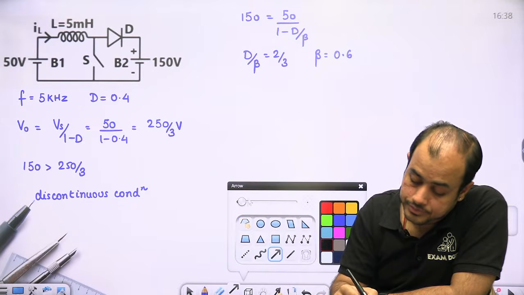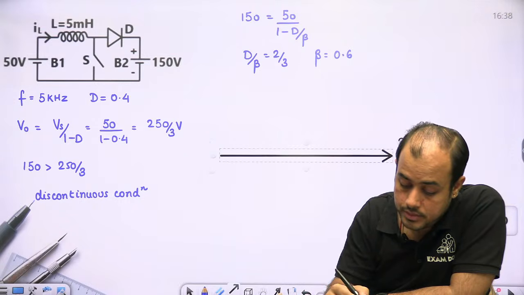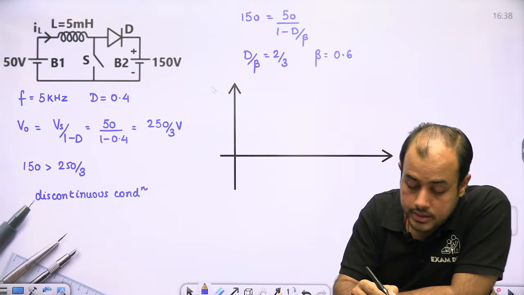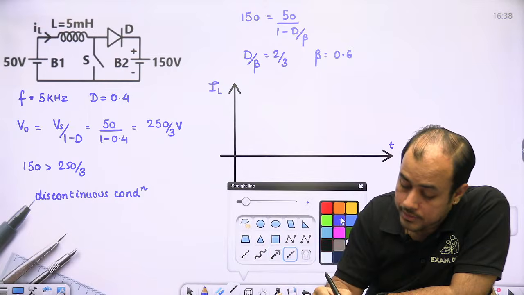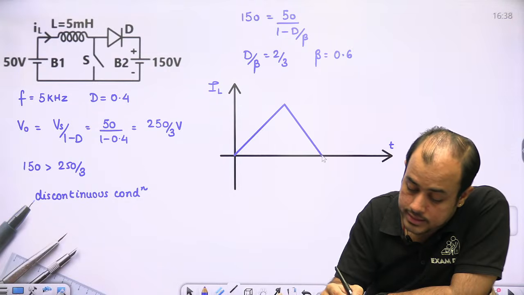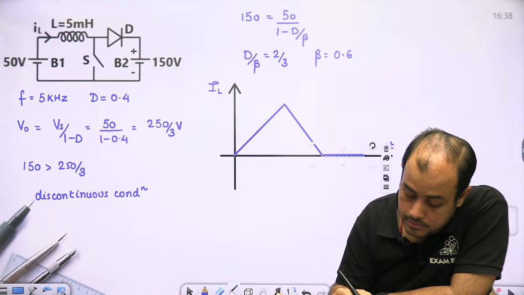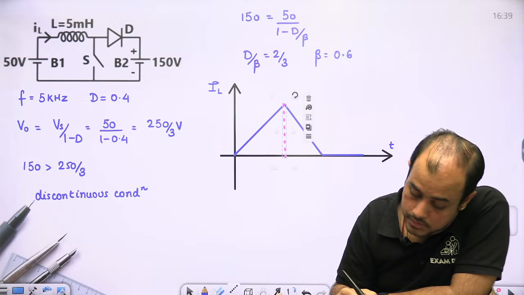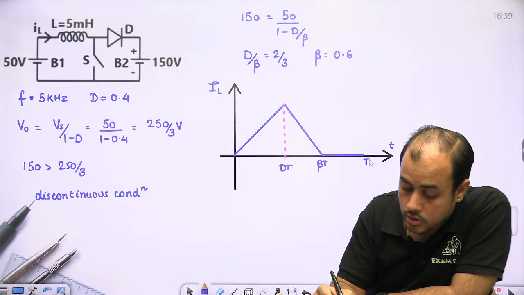Now, beta, in discontinuous conduction, how do we represent the inductor current? This is the most important graph of the discontinuous conduction, the graph of IL. 0 to dt it charges, then discharges. And then stays 0 till t.